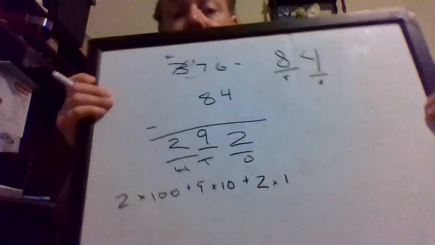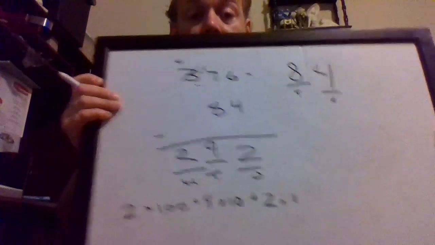Now, if you add all this up, so this is our expanded notation. Now, if we say 2 groups of 100 is what? Well, 2 groups of 100 is 200. Plus 9 groups of 10 is 90.